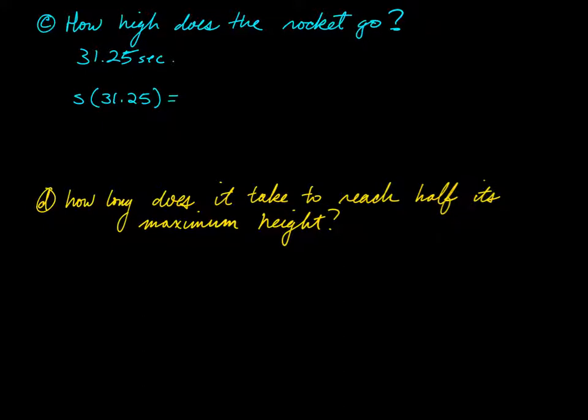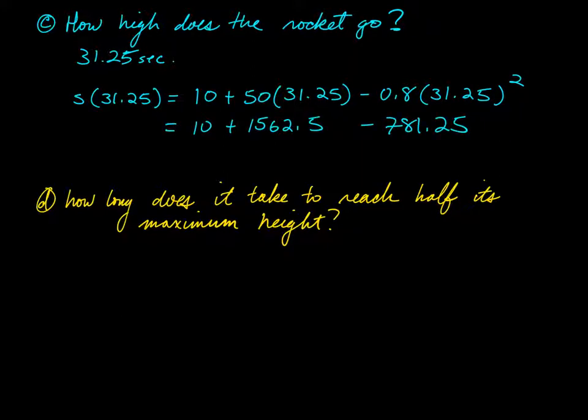If you'll remember from the previous slide, the position function is 10 plus 50t, and t in this case is 31.25 seconds, minus 0.8t squared, and again t is 31.25 seconds, squared.